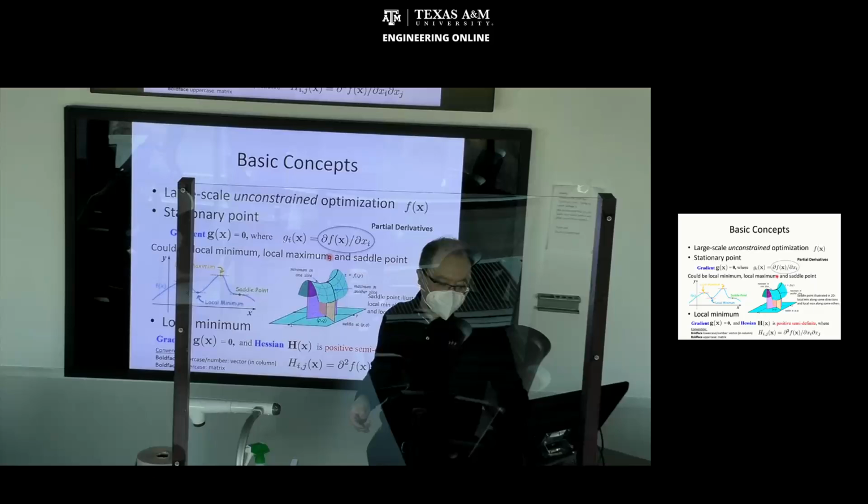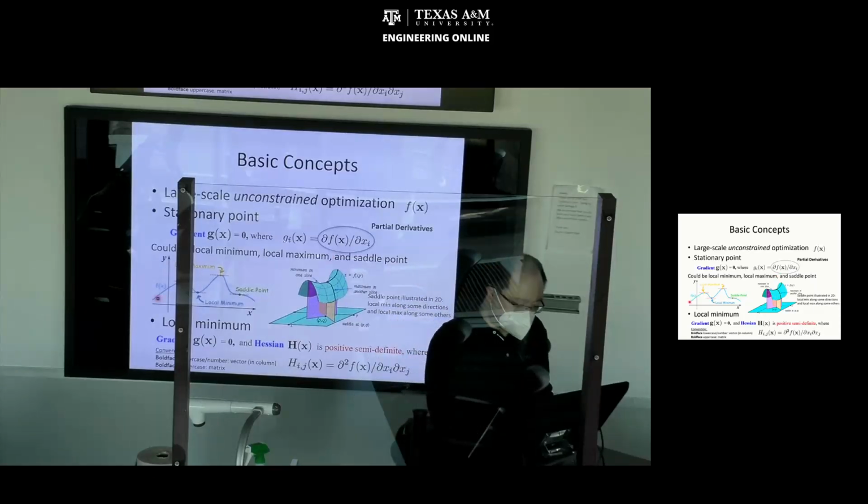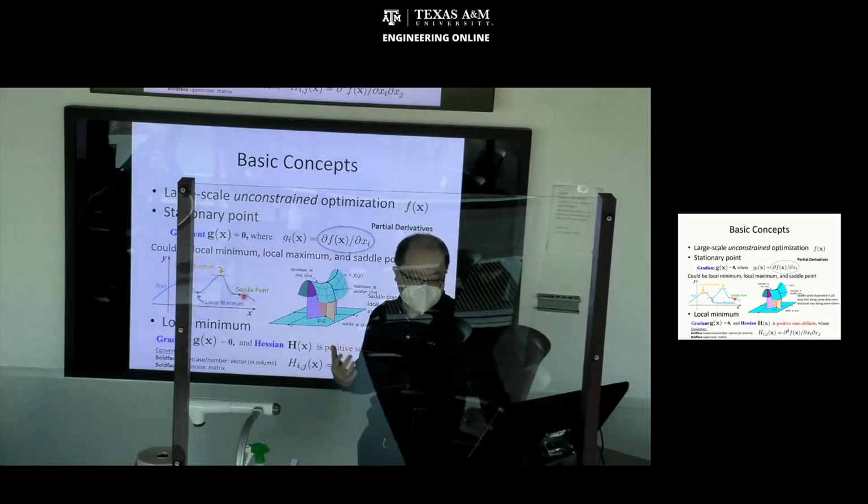If we look at a one-dimensional illustration, this stationary point could be a local minimum, could be a local maximum, could be a saddle point. In the one-dimensional case, a saddle point looks like a local minimum going from one direction, but like a local maximum going from the other direction.